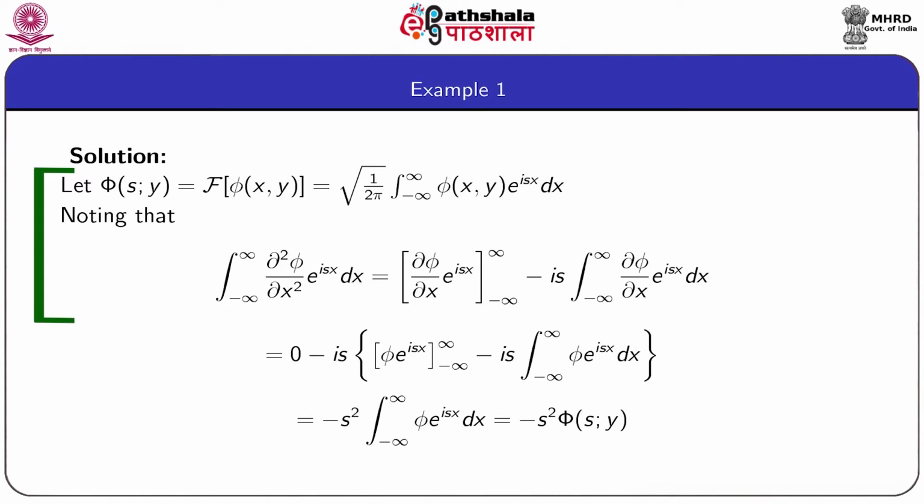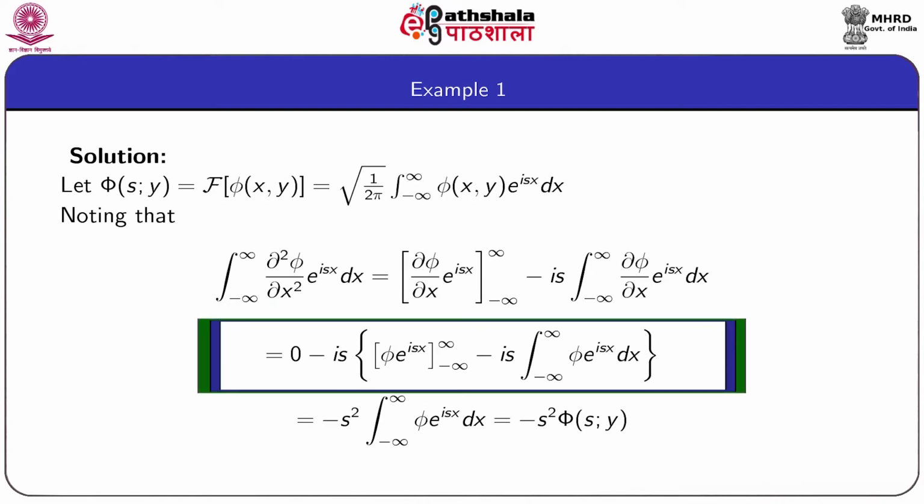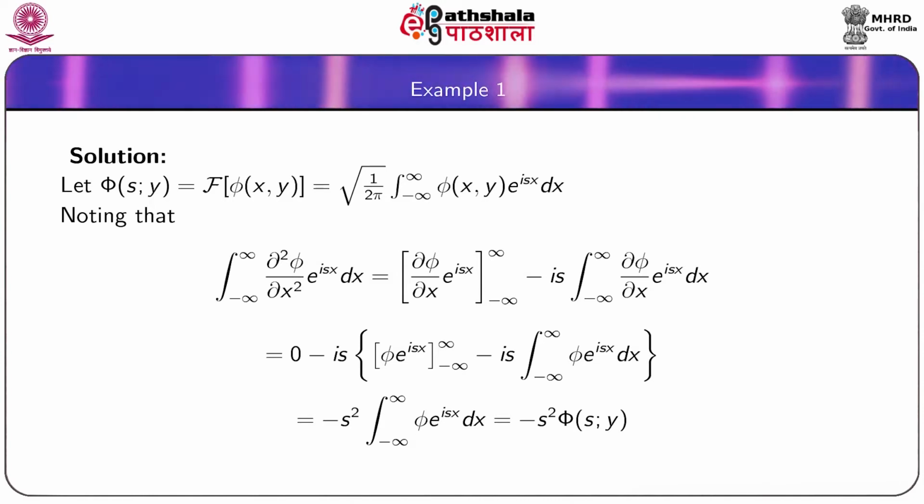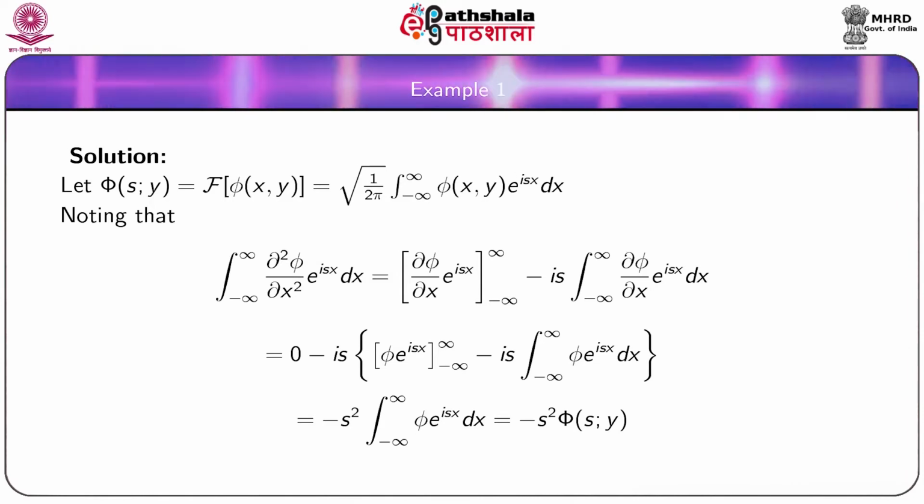Then we integrate this integral again by parts so that we get 0 minus is into φ e^{isx}, x from minus infinity to plus infinity, minus is integral from minus infinity to plus infinity φ e^{isx} dx.